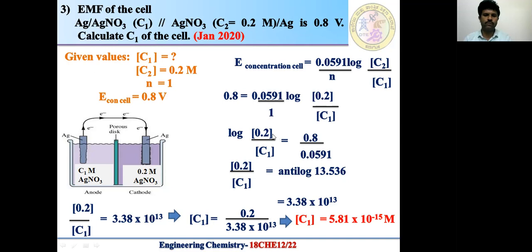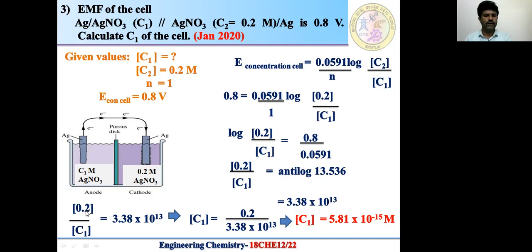So log 0.2 divided by C1, I will keep this term, is equal to 0.8 divided by 0.0591. And 0.2 divided by C1 is equal to, I will send this here, then it becomes antilog value of 13.536. And the antilog value of 13.536 is equal to 3.38 into 10 to the power 13.